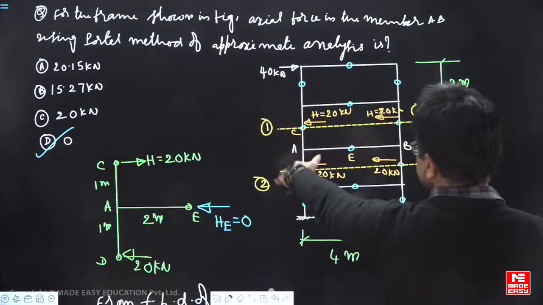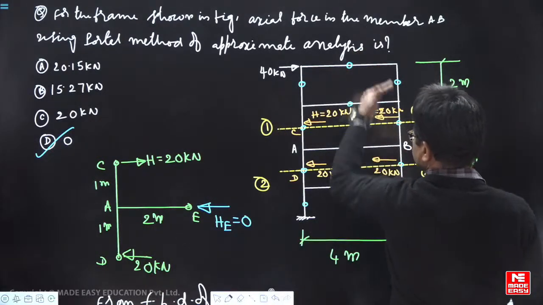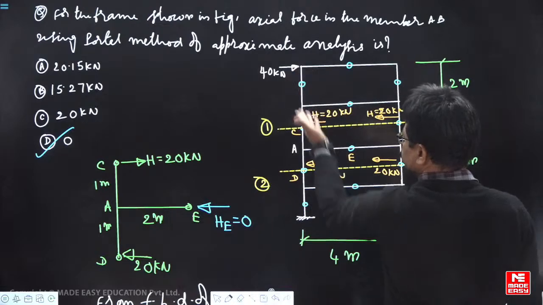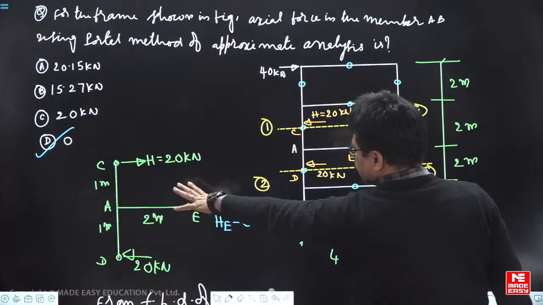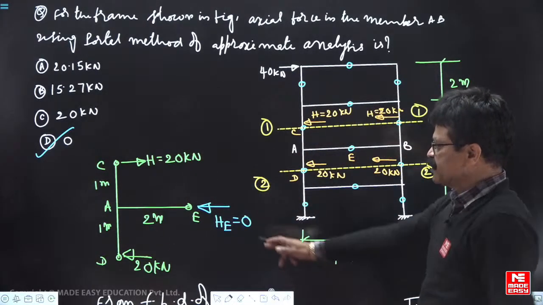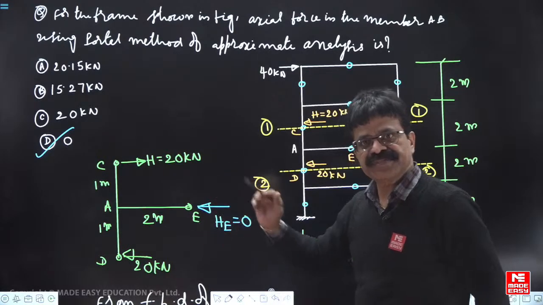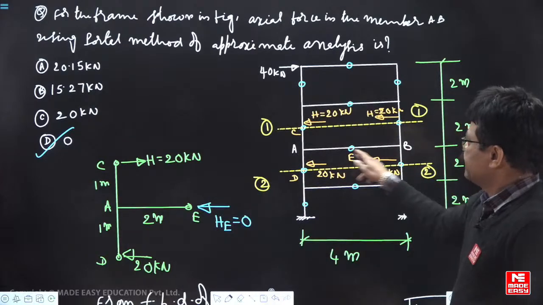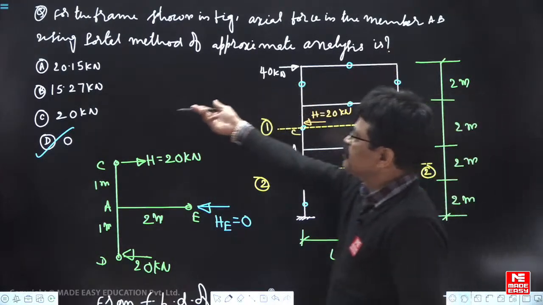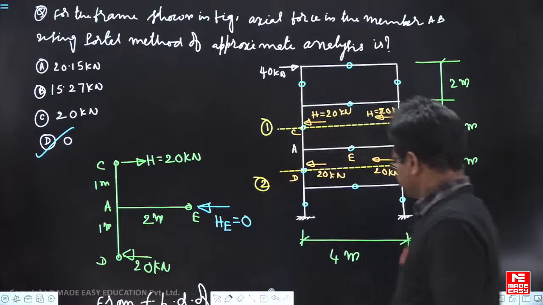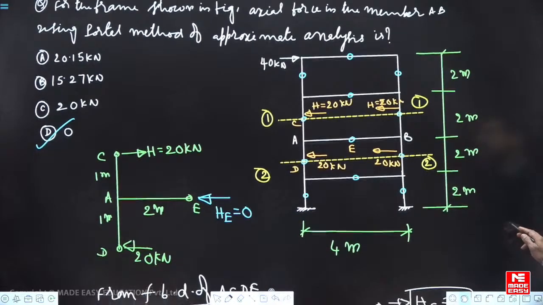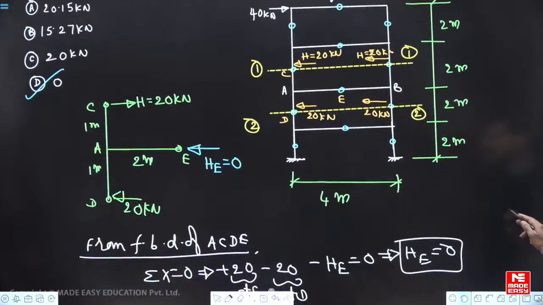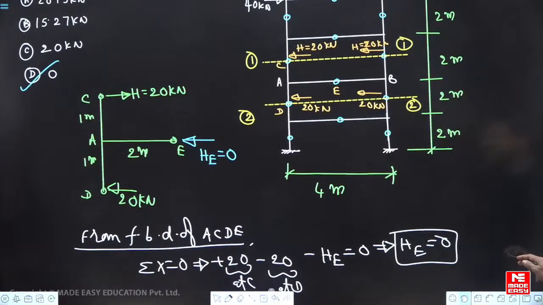So with those assumptions, cut it at 1-1, above 1-1 you take it, cut it at 2-2, above 2-2 you take it, pluck it out, stick it here. This free body diagram tells you that horizontal reaction at E must be 0. Means the axial force in the member AE is 0, and if axial force is 0, force in the member AB is also 0. Right? This is from portal method of analysis.